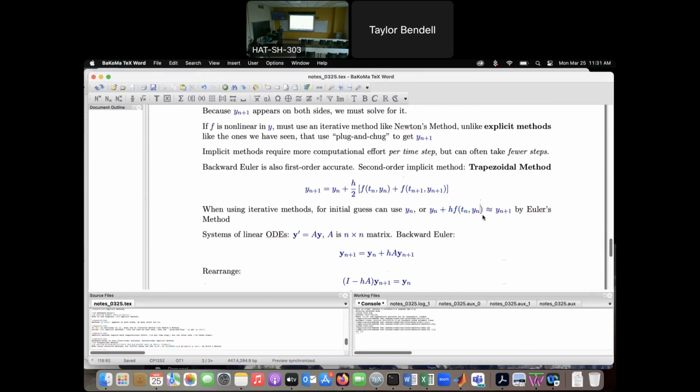That's a decent initial guess. Because as we saw when we covered root finding methods, especially Newton's method, if you don't have a nearby initial guess, the method might diverge. But that's not really much of a concern here because you have a natural logical choice for initial guess.